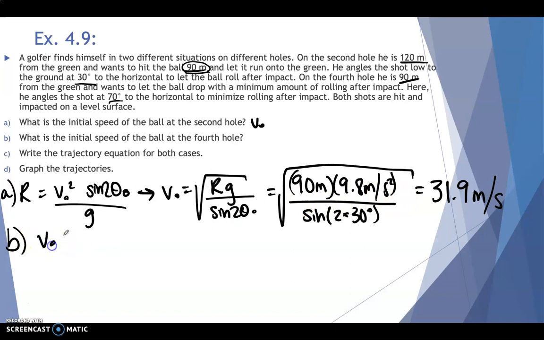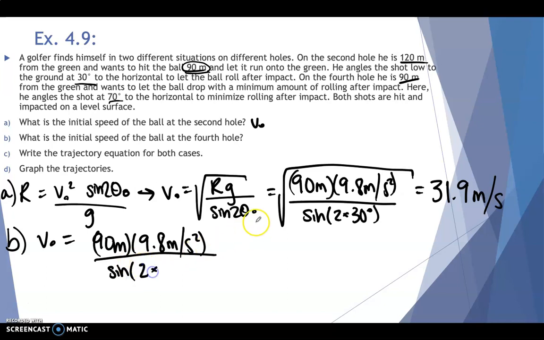So V naught is going to equal the square root of, and again, he's going to be shooting at 90 meters. Okay. And so R times G, 9.8 meters per second squared, divided by sine of 2 times our angle.